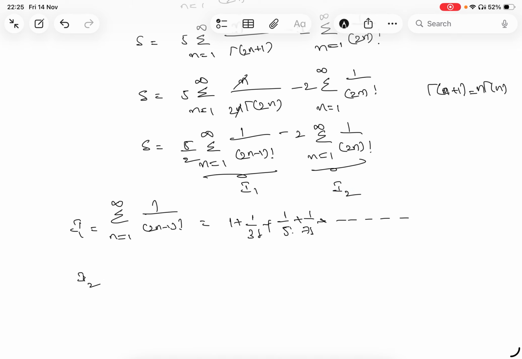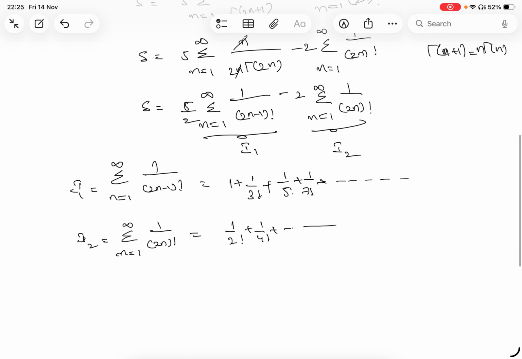What about I2? I2 is summation n equal to 1 to infinity 1 by 2n factorial, which for n equal to 1 is 1 by 2 factorial plus 1 by 4 factorial plus and so on, fine.